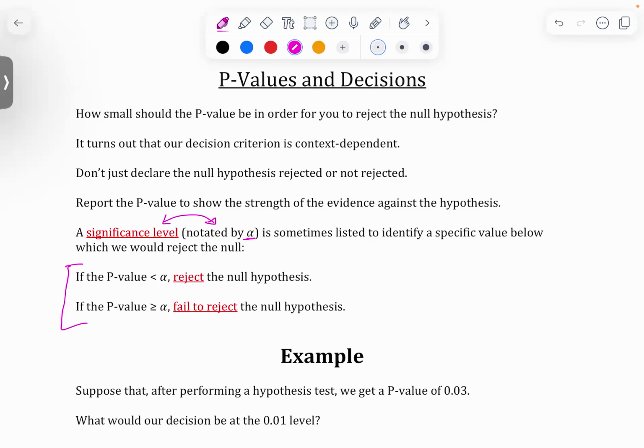Now, if the significance level is not specified, the convention is to use 5%, unless otherwise stated, because that's the most common convention.